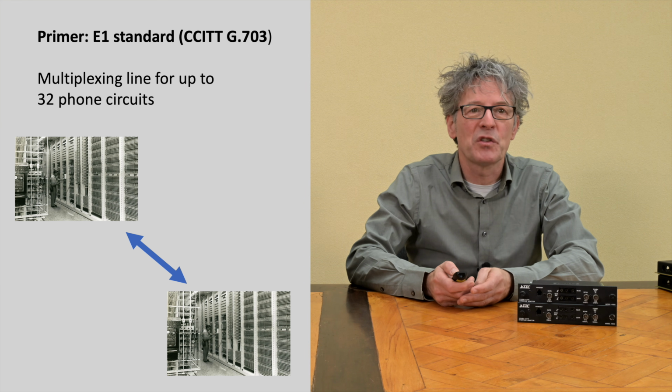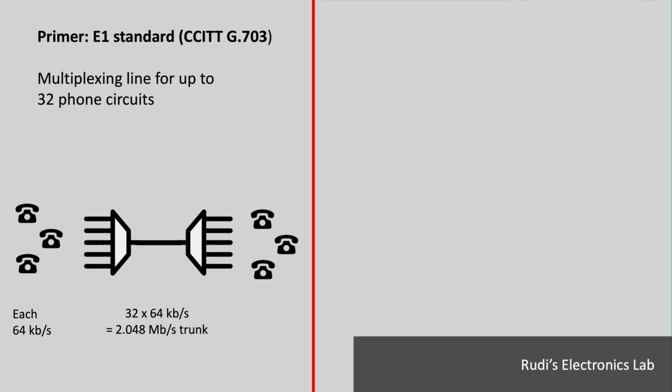It does so by creating a 2 megabit, or precisely 2.048 megabit per second trunk line, and in that we have these 32 phone circuits that are 64 kilobit per second each. In a typical configuration, you don't use 32 phone circuits, but you use 31 or maybe 30 because you might want to use some remaining slots for transferring signaling information, but I'll be skipping that part in my further explanation.